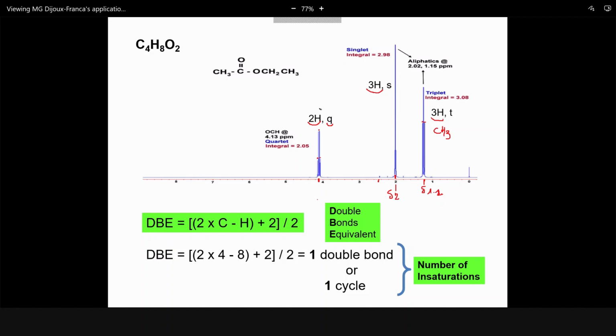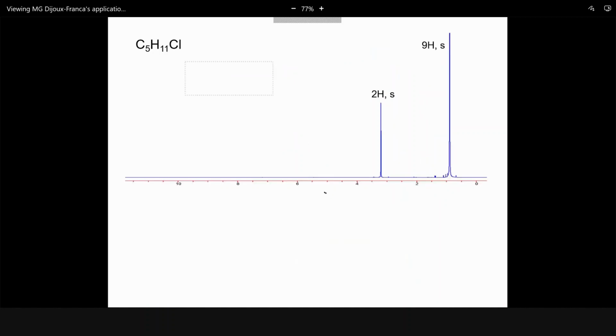Yes. So it's good. Be careful. You understand well how to use the multiplicity and the coupling constant, but be careful also about the chemical shift. It will help you to add properly the heteroatom, for example.